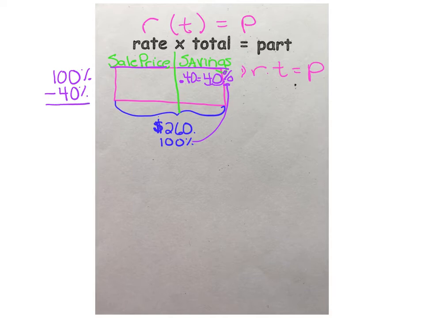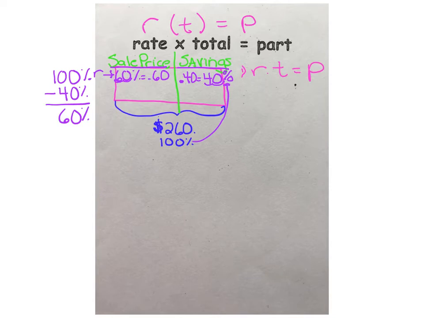That means that 60% of the original cost is the rate we're going to use for the sale price. Or scoop, as we convert it to a decimal, 60 hundredths, or 60 cents on every dollar, must be paid towards the sale price. So the question is, what are we looking for?